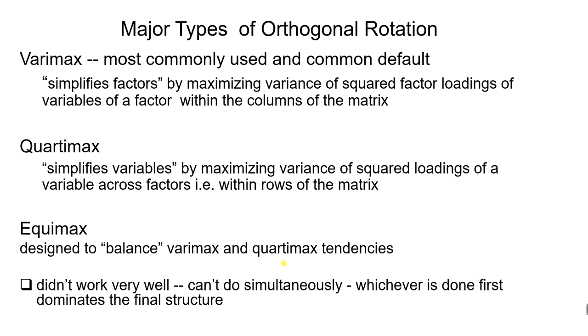But generally it has been found that it does not work very well, and we cannot do both simultaneously. So either we do first Varimax and then Quartimax, or first Quartimax and then Varimax. Whichever is done first dominates the final structure. So this is one limitation.